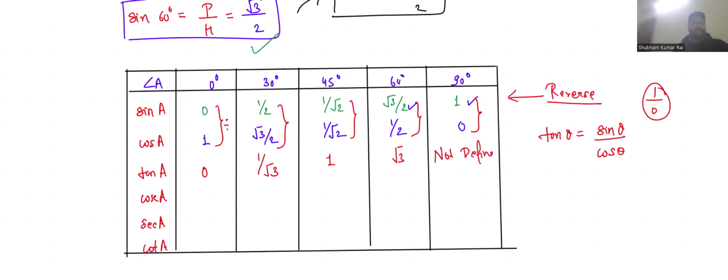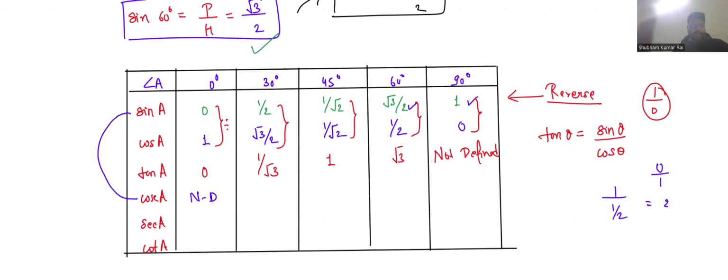Now, as we all know, what is the reciprocal of sine? That is cosec. Now we will just reverse the form, right? So reciprocal of sine is cosec: 0 upon 1, that is not defined, right? The reciprocal of 1 by 2 is 1 upon 1 by 2, it will be only 2, right?